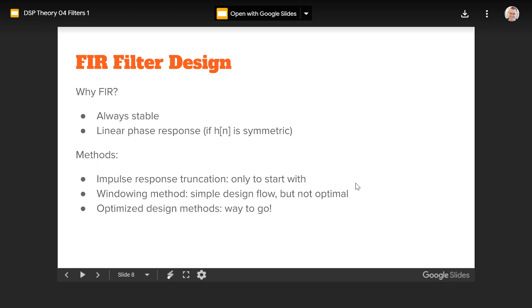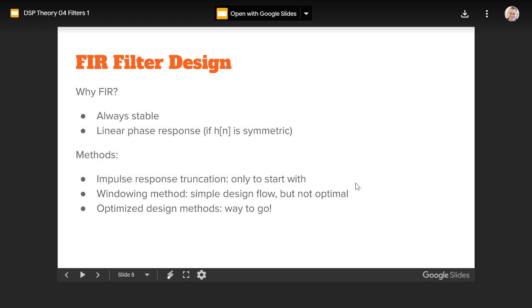The windowing method is the one that we are using in the exercise because it explains how the design flow goes. It gives you a little bit better understanding of how, for example, zeros and poles and the amplitude response go together, or what happens when you modulate a signal or actually modulate a system.